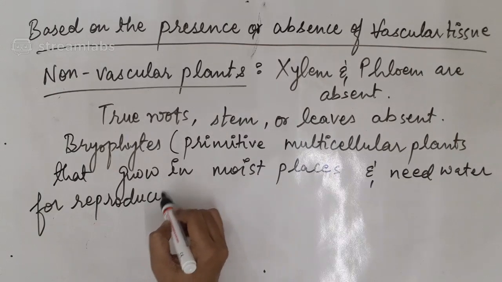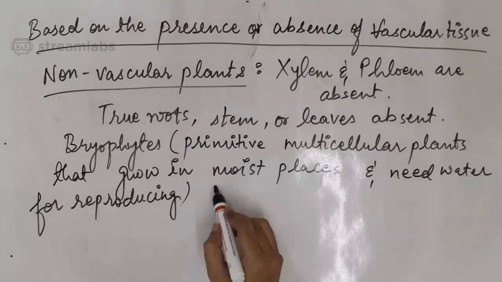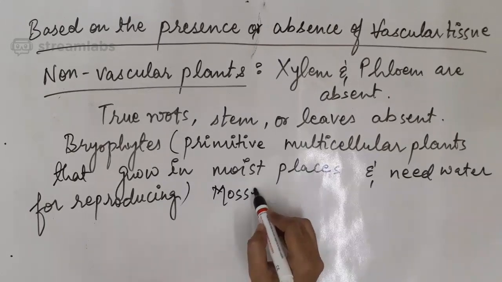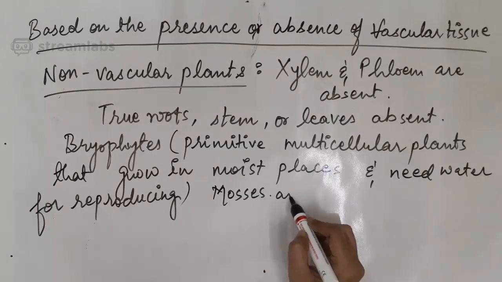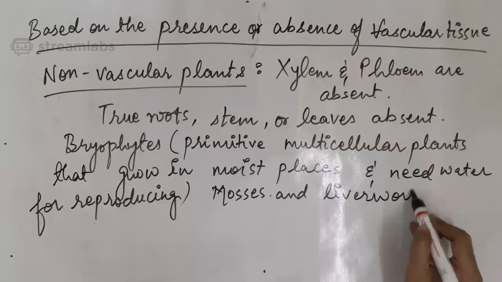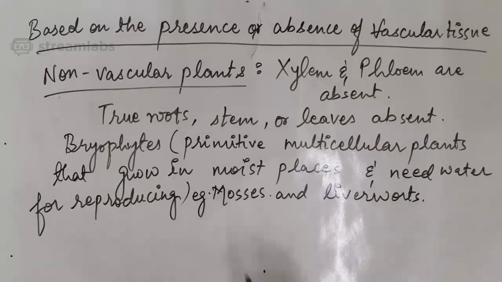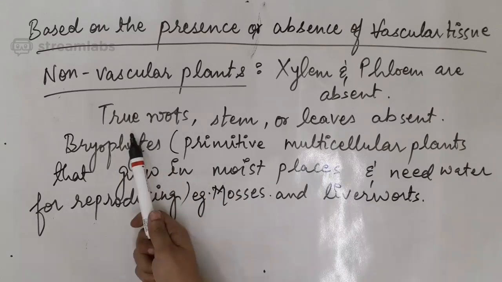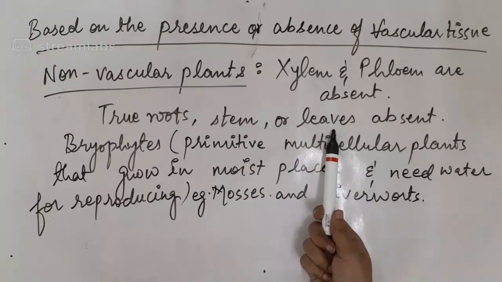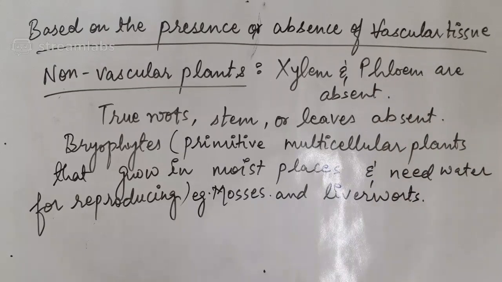Examples are mosses and liverworts. These have no true roots, no stems, no leaves, and no xylem or phloem, that is, the vascular tissues.